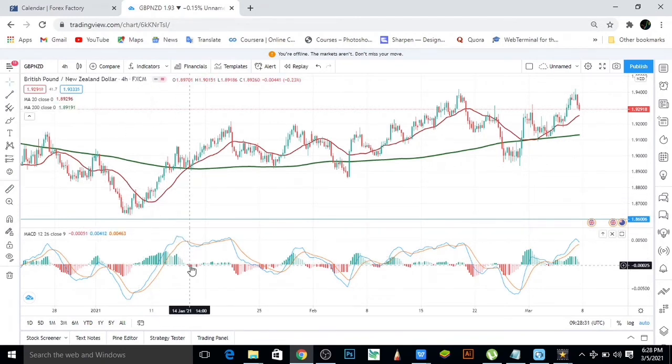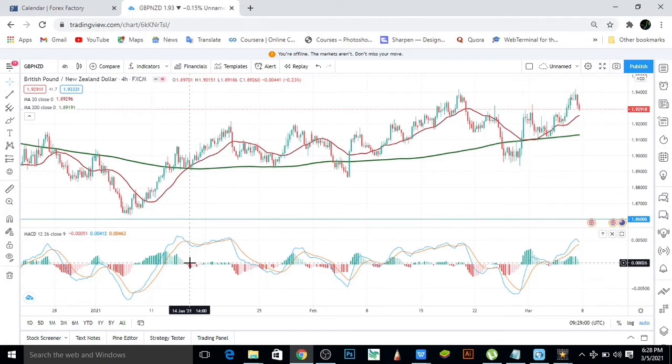This is the zero line right here, where my dotted line is. So when the two lines, the blue and orange line, move above that line, you are in an uptrend. When they move below that line, you are in a downtrend. That's how the MACD basically works.